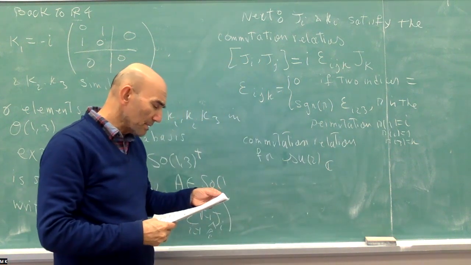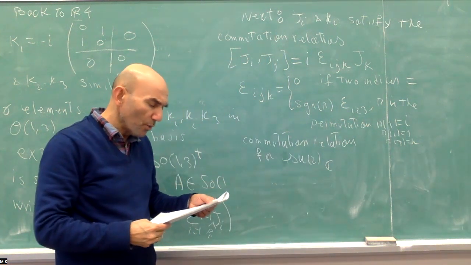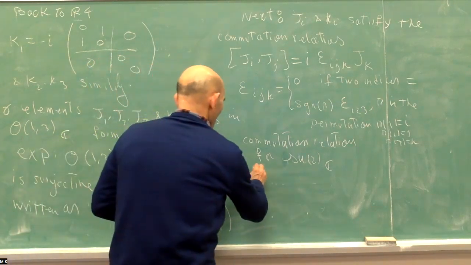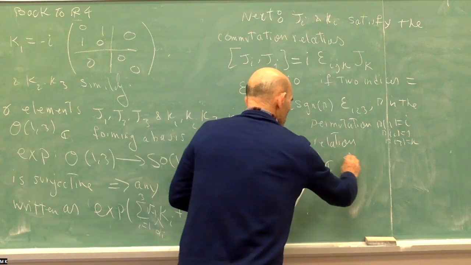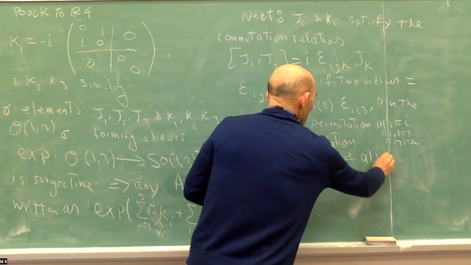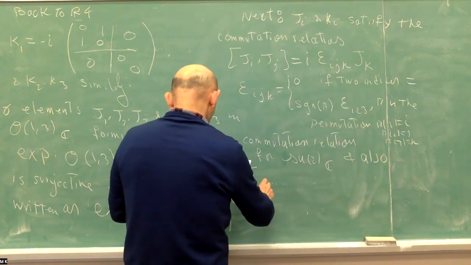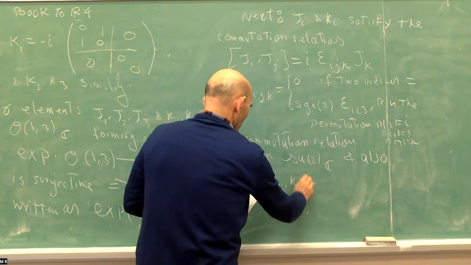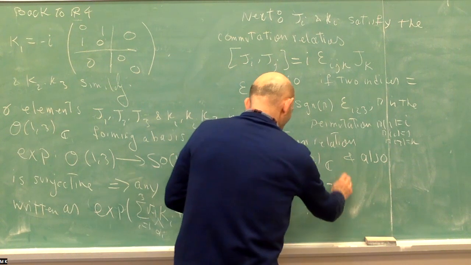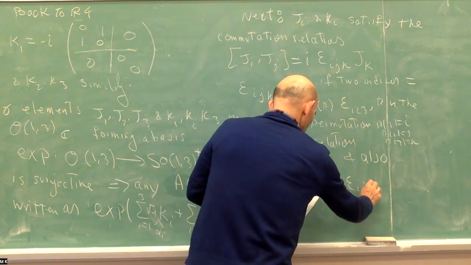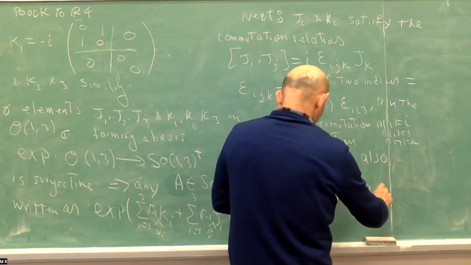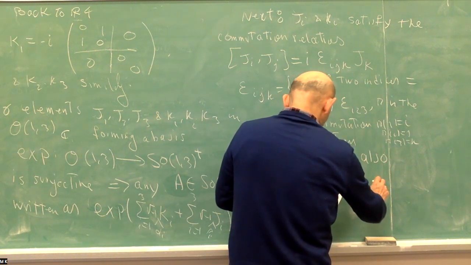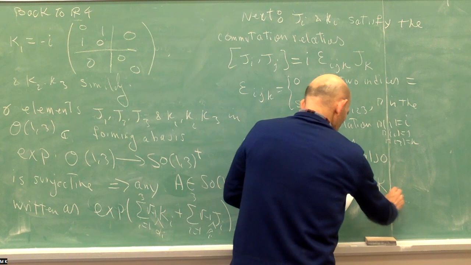Now these K's also satisfy a similar thing with minus i only. Ki and Kj equal minus i epsilon ijk Kk.